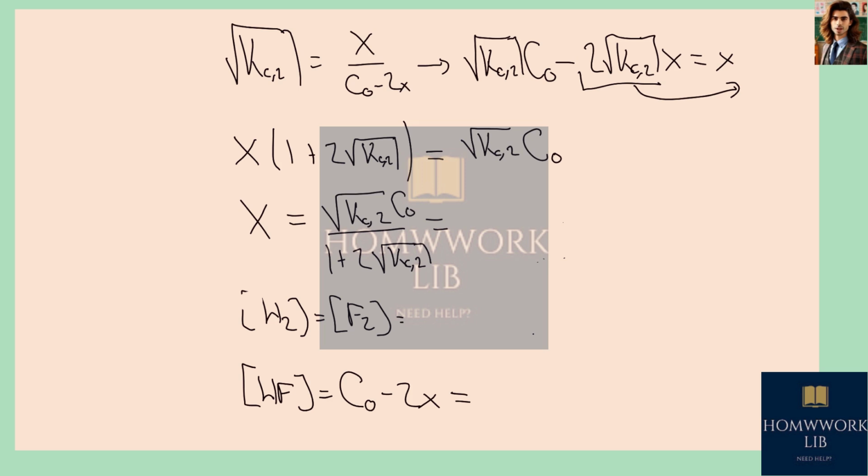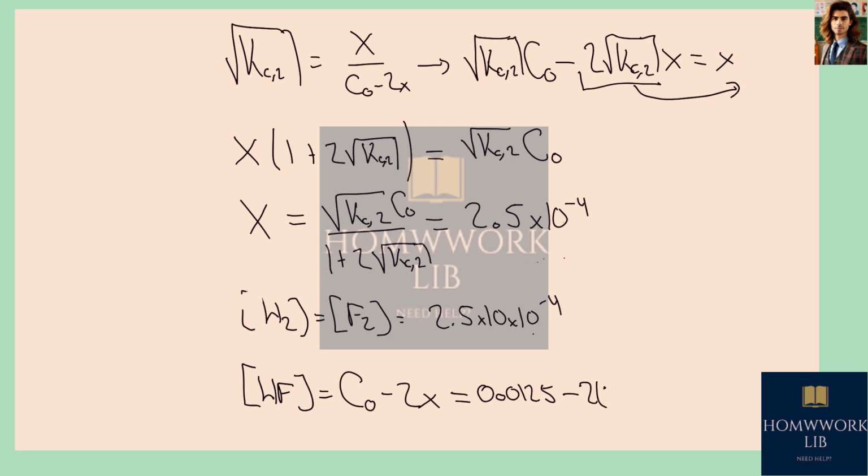And the result for this is that x will be equal to 2.5 times 10 to the minus 4, rounding up. And now that is going to be the concentration of H2 and of F2. Now everything matches up correctly. And now for HF, remember that this was 0.0125 minus 2 times x.